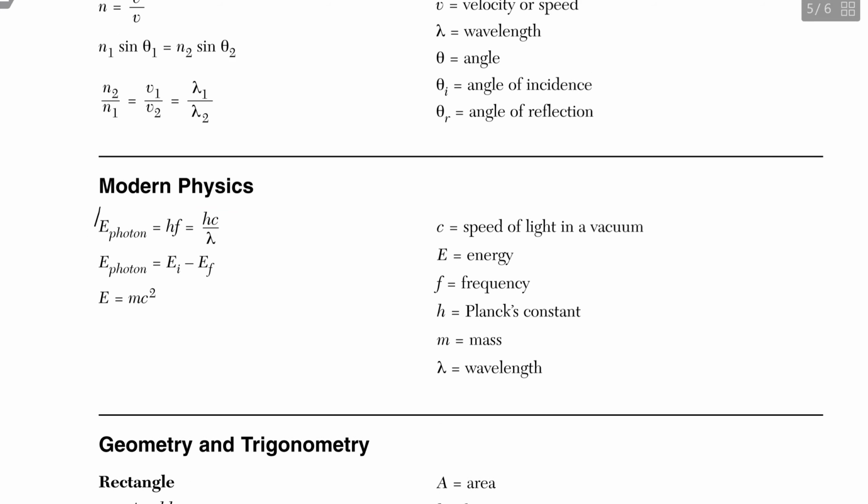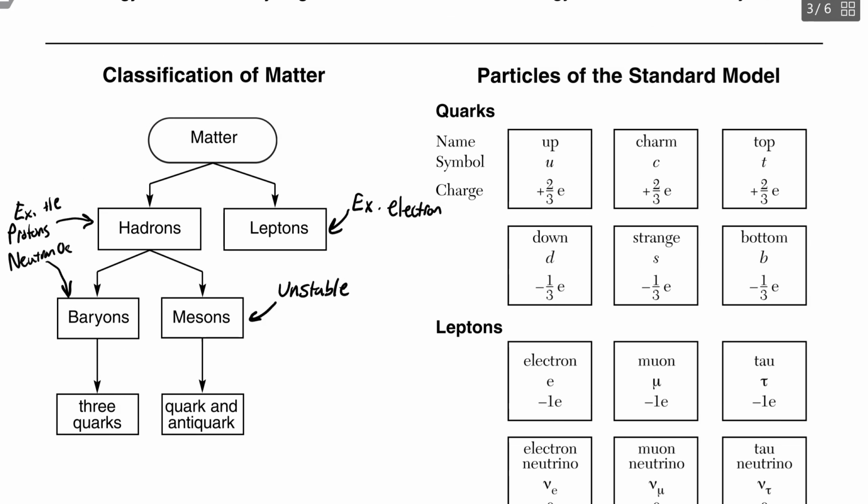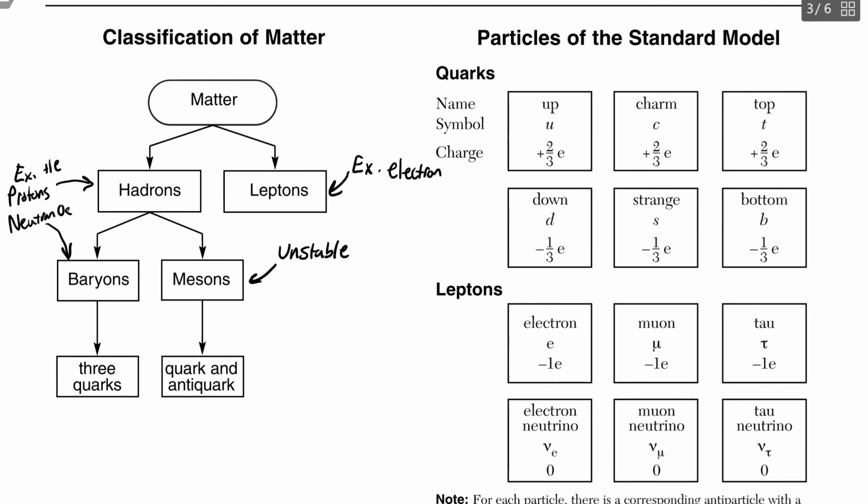This one, I think, is 16.2. And then this is 16.3. And then this one is going to be 16.4. We don't need these equations for 16.1, classification of matter. We just need to reference this table on page 3.